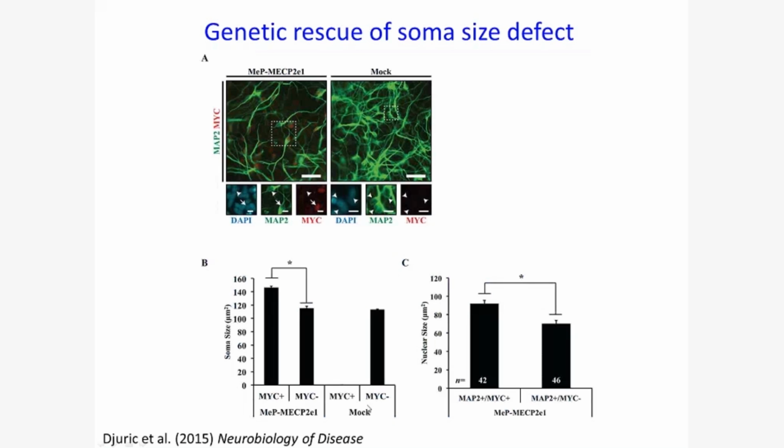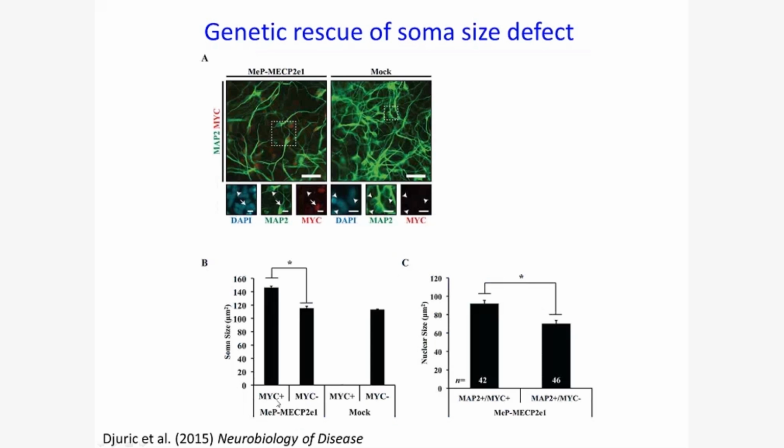And importantly, Aaron Chung and Ugi Juric did experiments in order to examine whether these phenotypes could be rescued. In this case, they used lentivirus vectors that encoded the MECP2 transgene with a MYC tag on it. When these neural precursors were infected with the lentivirus, some of the cells became infected and some of them were not infected.